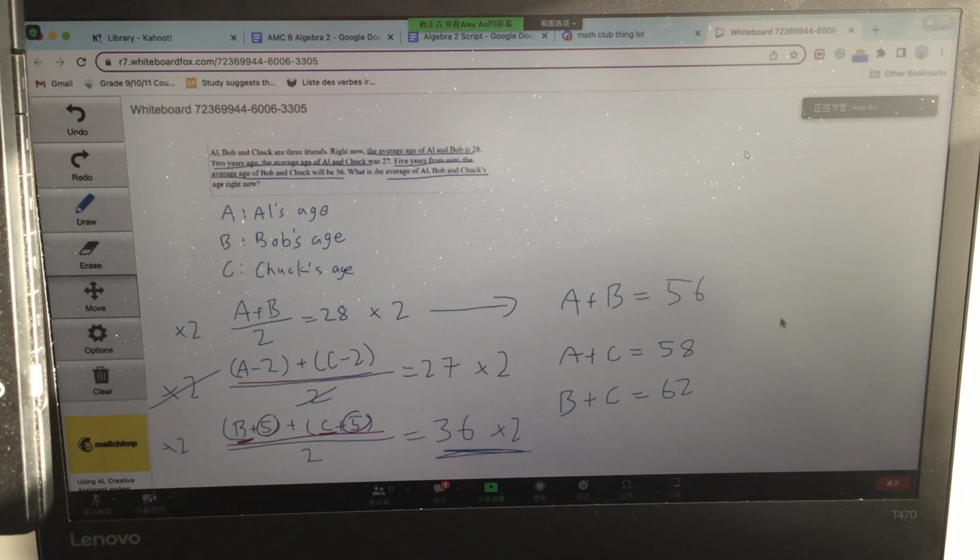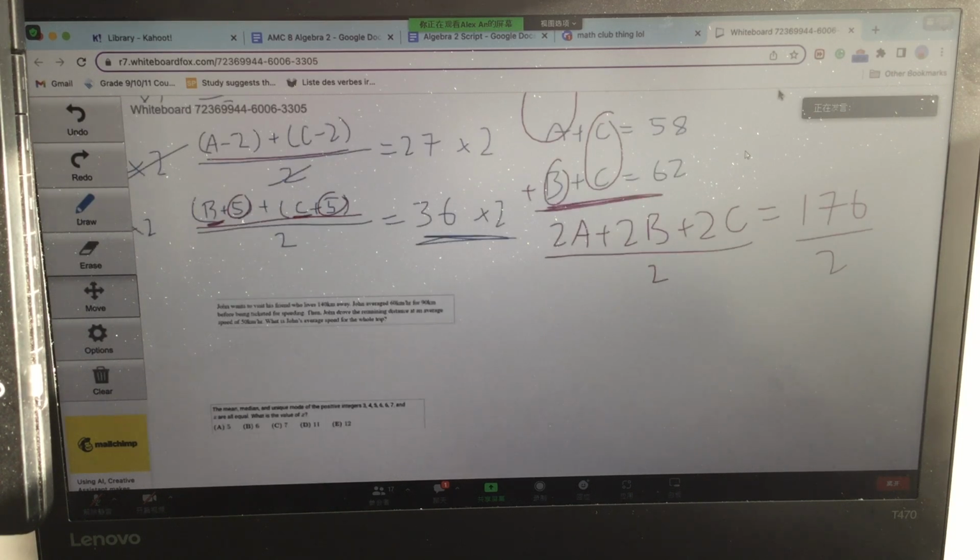And notice here, if we add all these 3 equations, there's 2 A's, so we have 2A, 2 B's, so we have 2B, and 2 C's, so we have 2C. And this equals 176. If we divide both sides by 2, we get A plus B plus C equals 88.